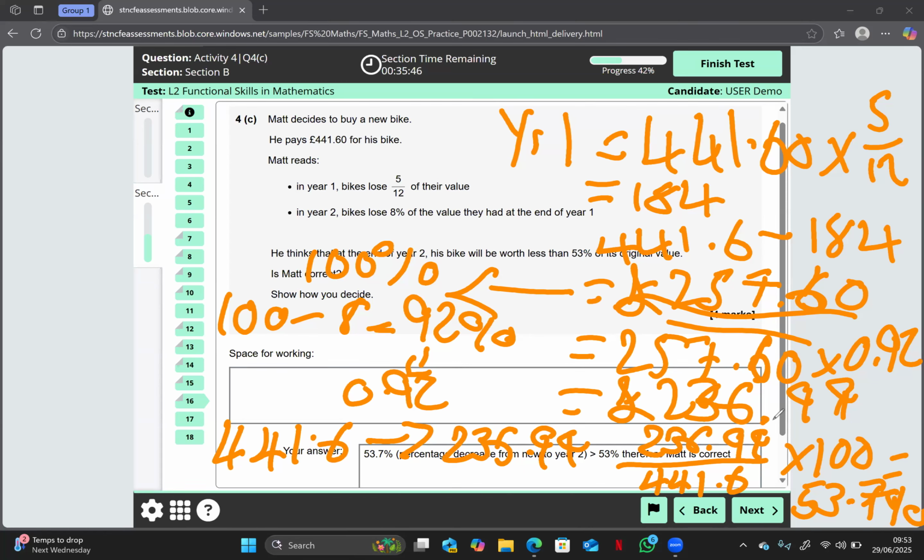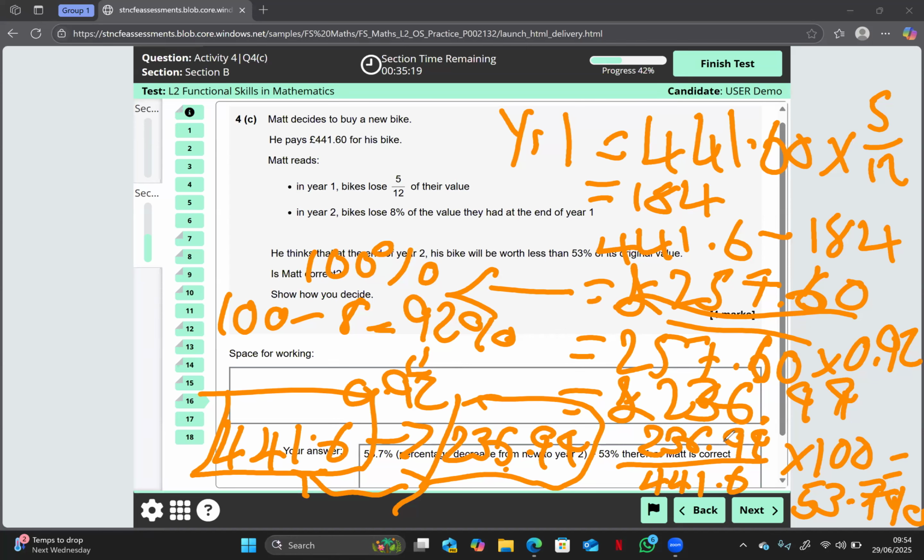Now we wanted to know the difference from new to year two. So a percentage decrease, from there to there, and that is dividing the new number, £236.99, by the original price, £441.60, and multiplying it all by 100.